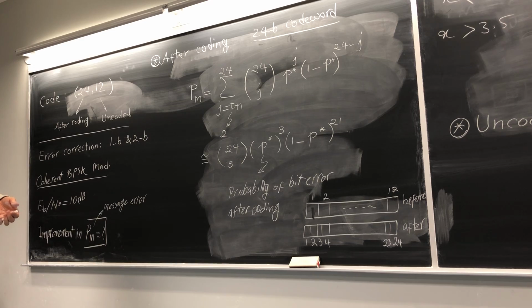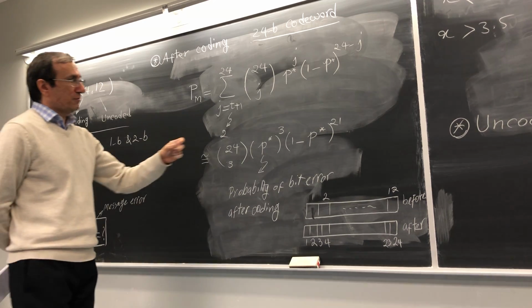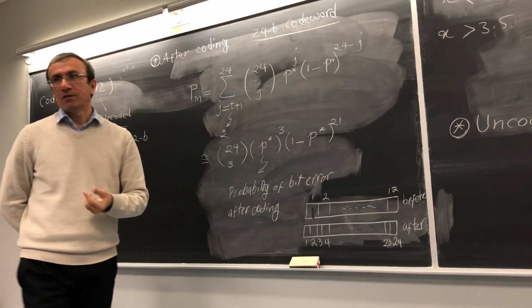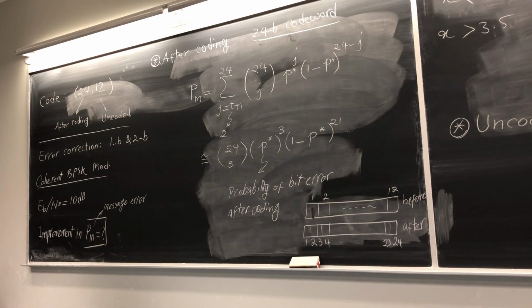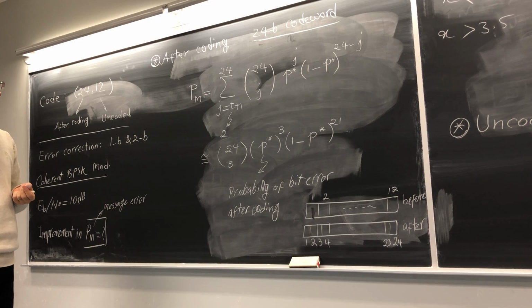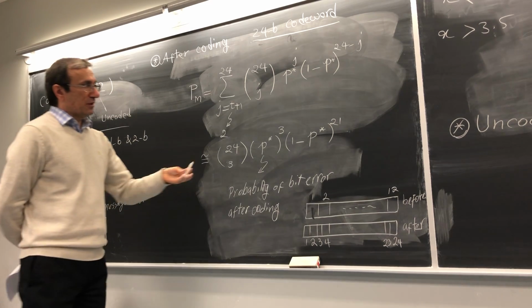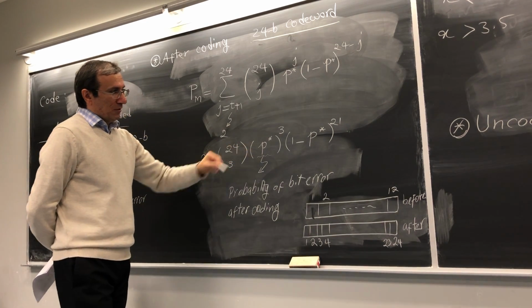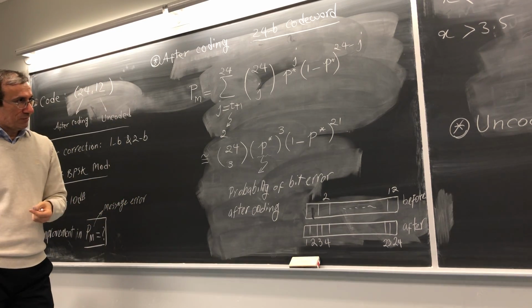Do you remember how we came up with the value of P, probability of error? We used Eb over N naught, energy of a bit over noise density, and that was used for the calculation of the Q function. Now we have to repeat the same calculation for a lower bit energy.